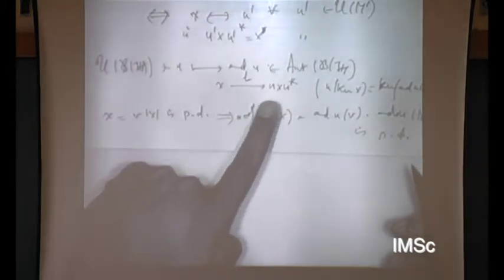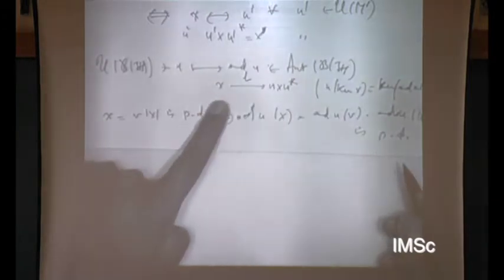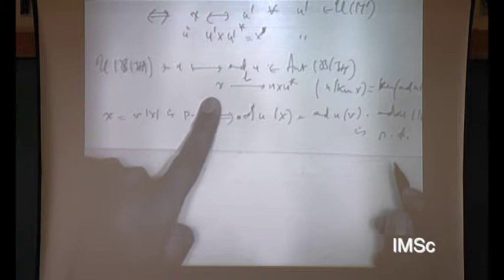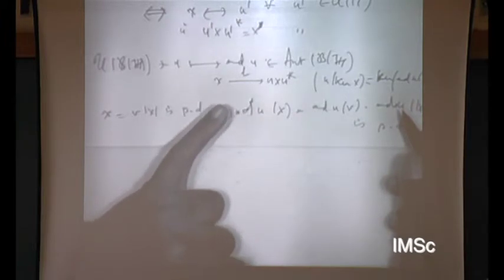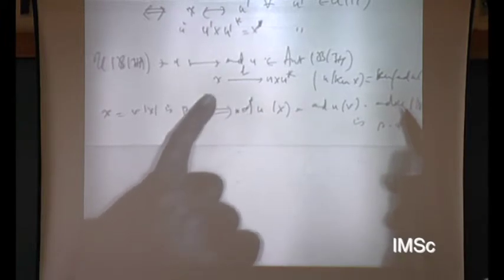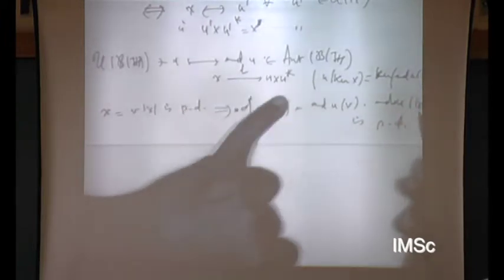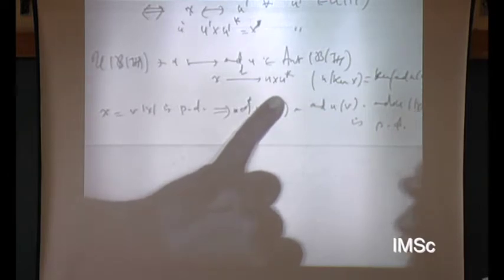The xi's which are here are exactly those. If you take U of things here, xi is here if and only if U xi is here, which is obvious.